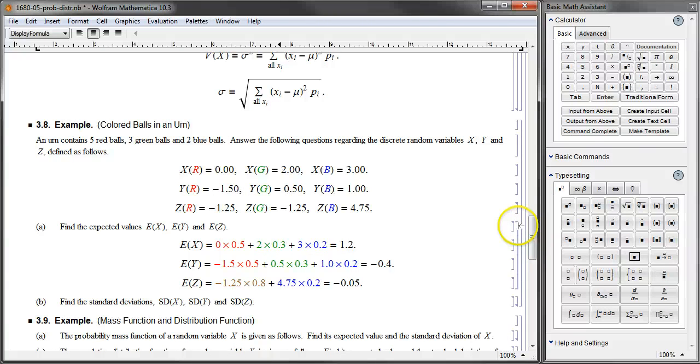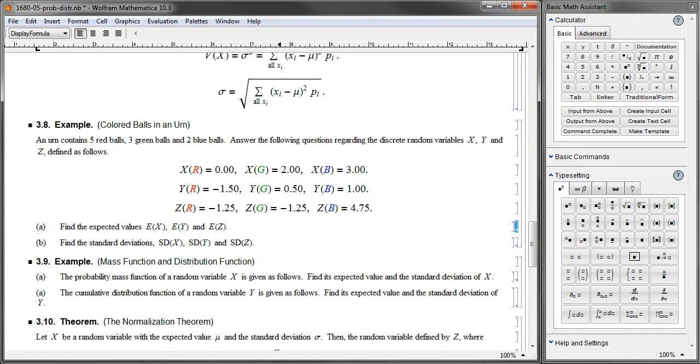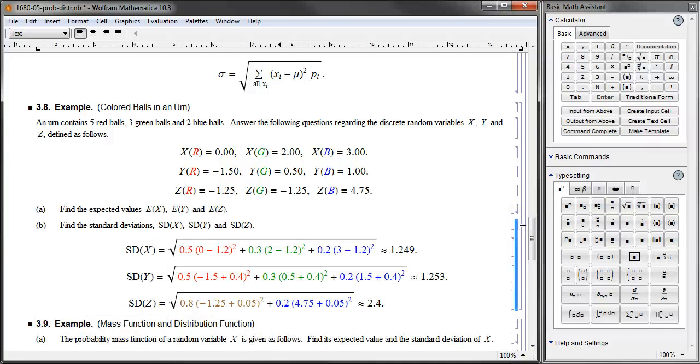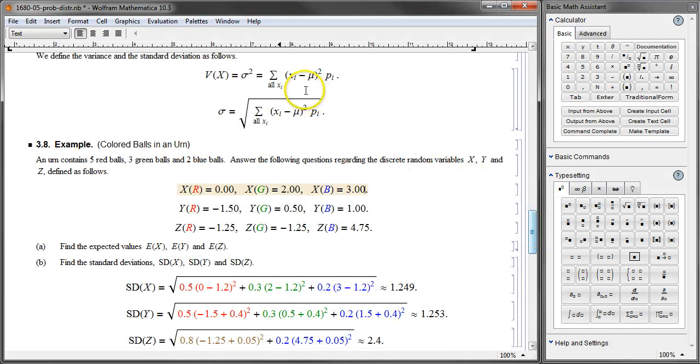Alright, let's work out the standard deviations. Here they are. For the first random variable, we have the values 0, 2, and 3, and their probabilities are 0.5, 0.3, and 0.2 respectively. So each of those, we multiply deviation squared.